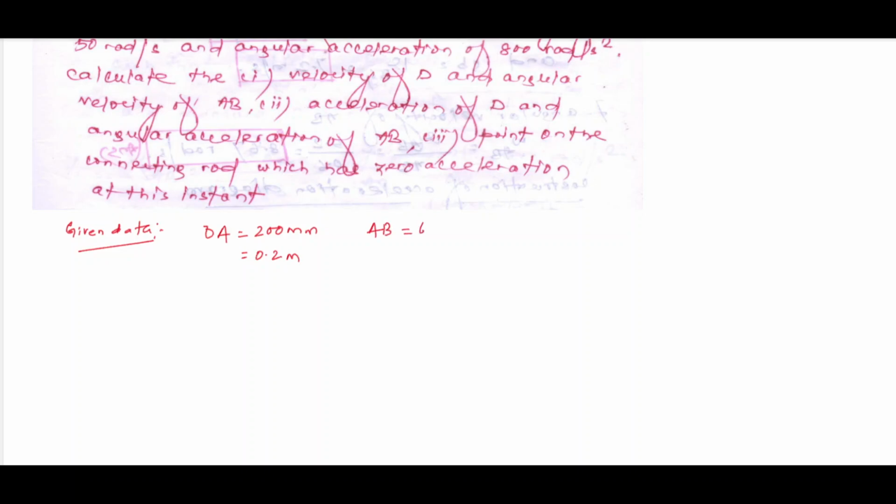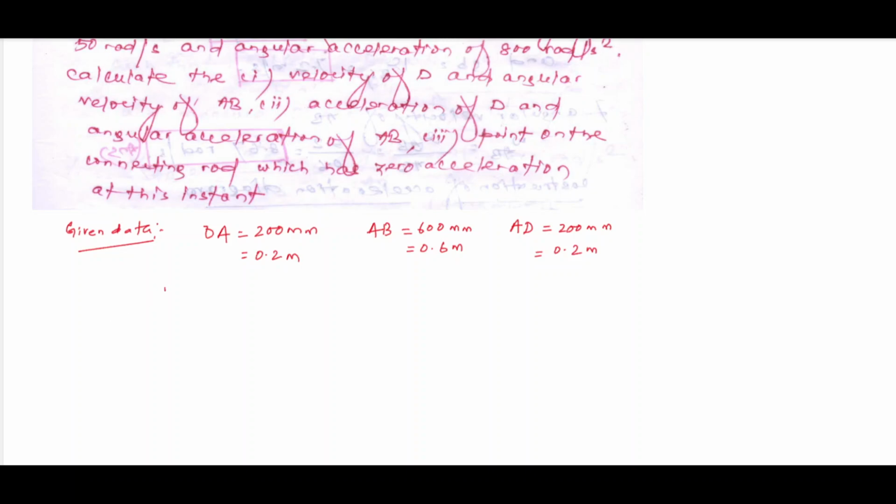AB is 600 mm, that is 0.6 meter, and AD is given as 200 mm, that is 0.2 meter.